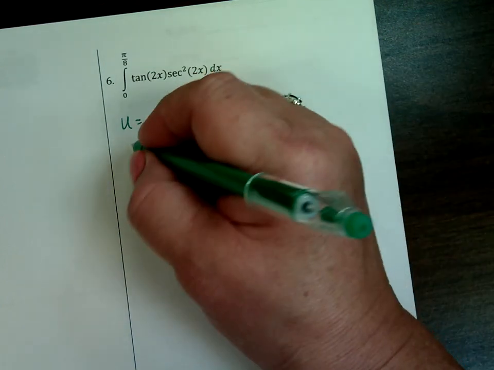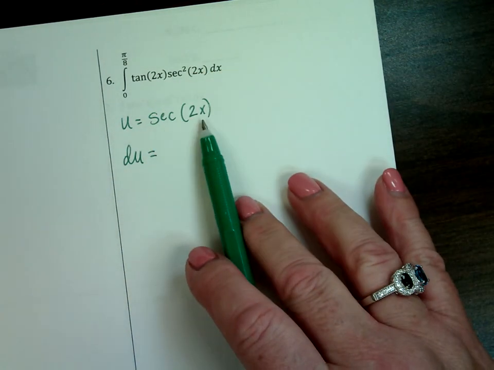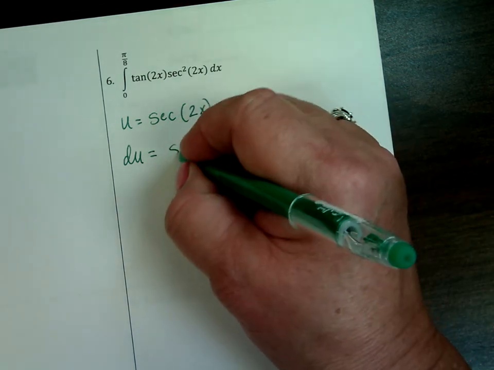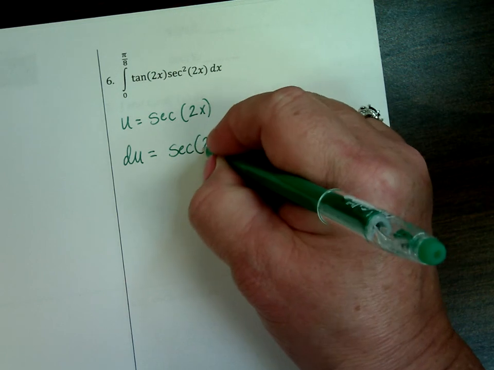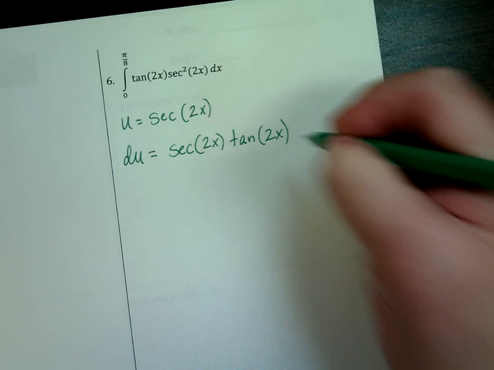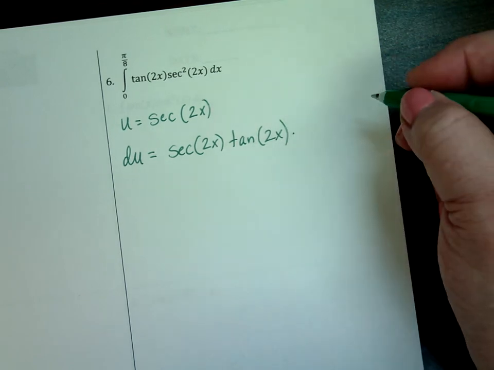That means my du is, what's the derivative of secant? Secant tangent, right? We just kind of saw that in that other question. Secant, keep it 2x, tangent of 2x. Chain rule says times the derivative of the angle with respect to x.